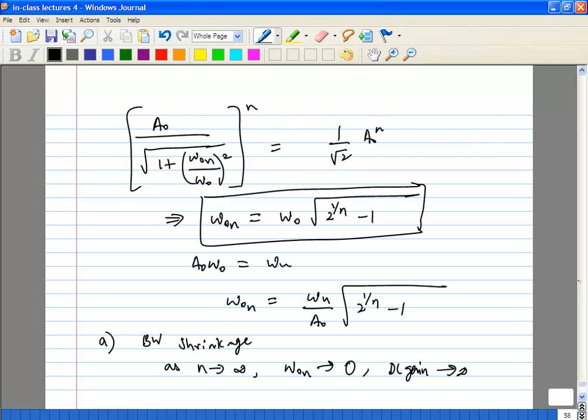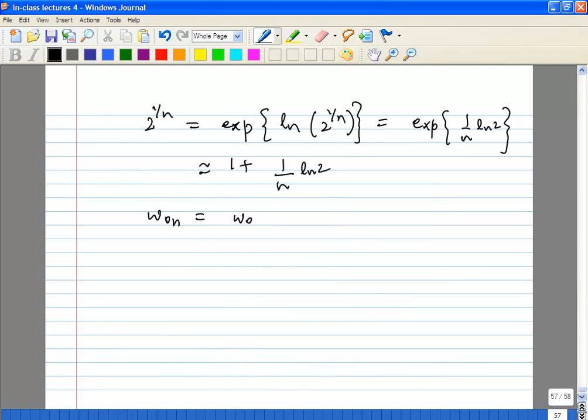Inside the square root you have 2 power 1 over n minus 1, which is just 1 over n ln 2. Okay. So which means for large enough n, your overall bandwidth is going to go as 1 over square root of n.